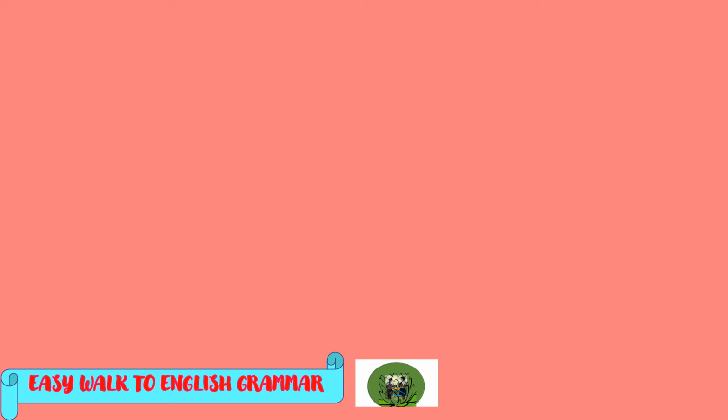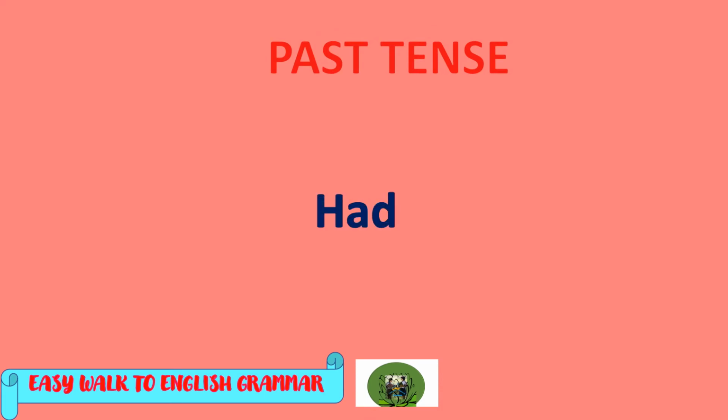If we are using has and have in the present tense, what will we be using in the past tense? It's had. The past tense form of have is had. Past tense means something happened in the bygone days, in the past days. It's all over.